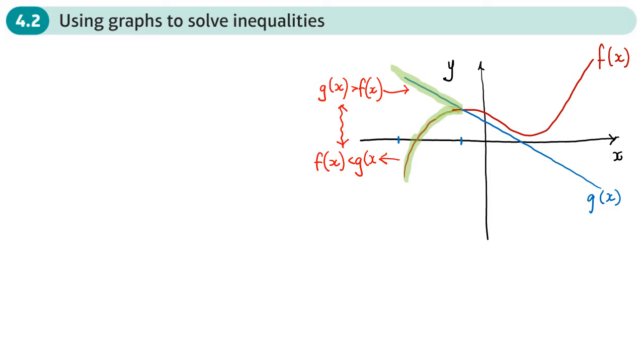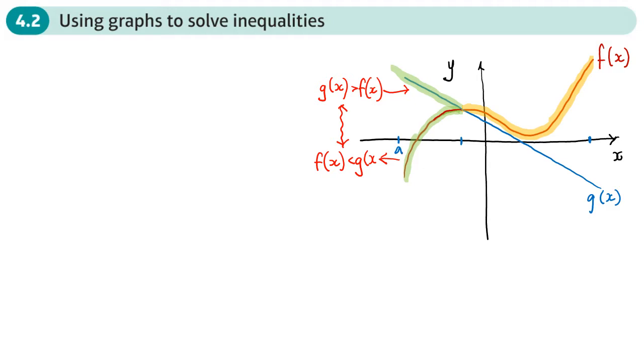If we then have a look at the other side, let's use a different color. Here, this bit I'm highlighting in orange is where f of x is greater than g of x. If I put something on the axis here, and we'll label these in a minute, we'll just call them a, b and c.